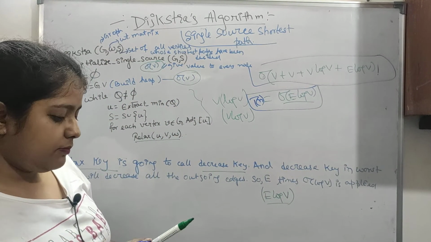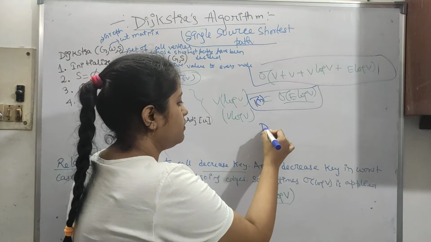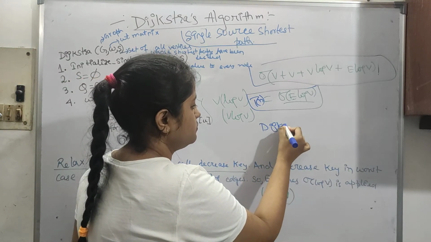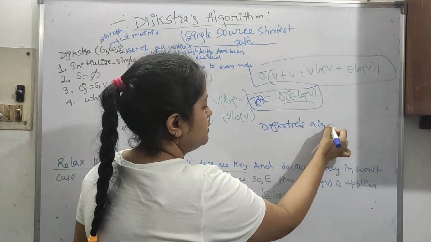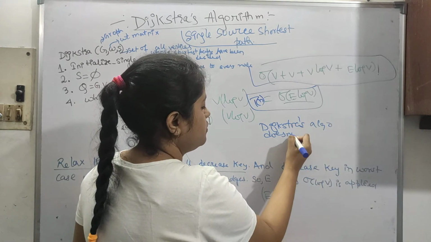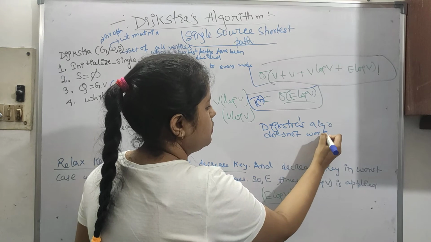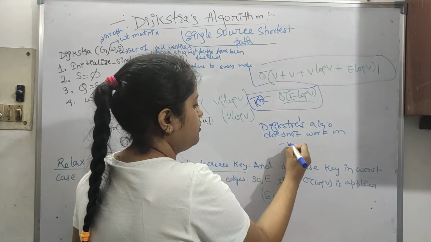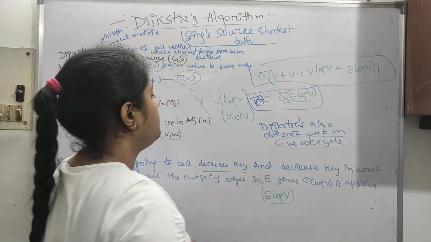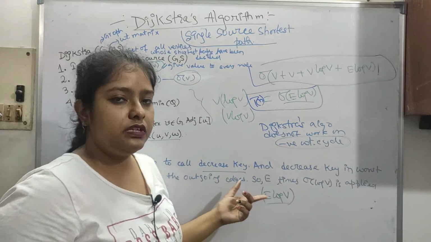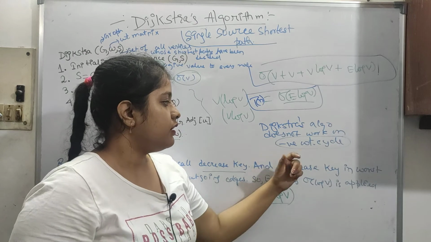Another important thing is that Dijkstra's algorithm doesn't work on a negative weight cycle. Here we have seen there are some cycles present, but if it is a negative weight cycle, it will not work.